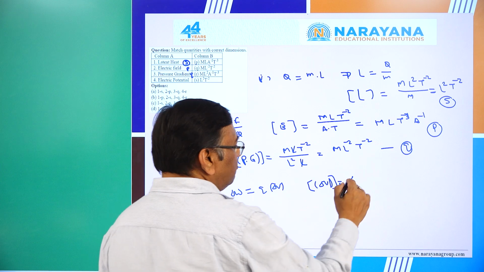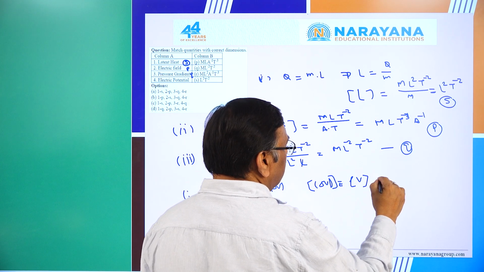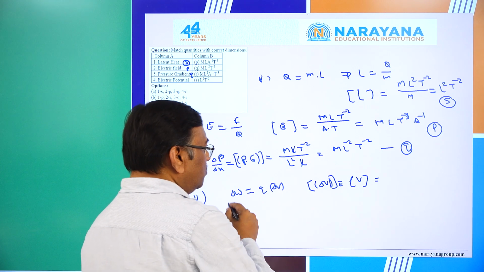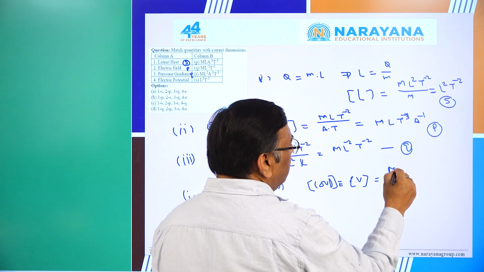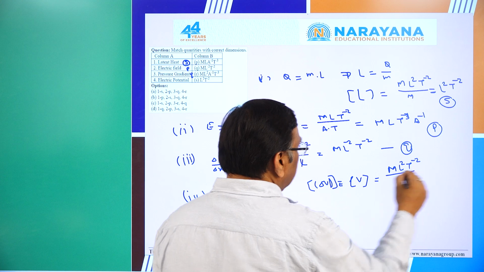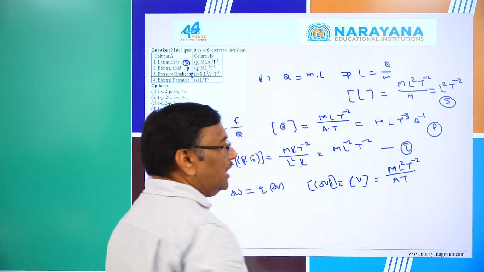So if I write delta V, or even I write potential, the dimensional formula is the same. So I can write my dimensional formula for V is going to be delta W upon Q. Delta W already we said is energy, it is M L square T minus 2 divided by Q. Already we have written Q is equal to A into T.